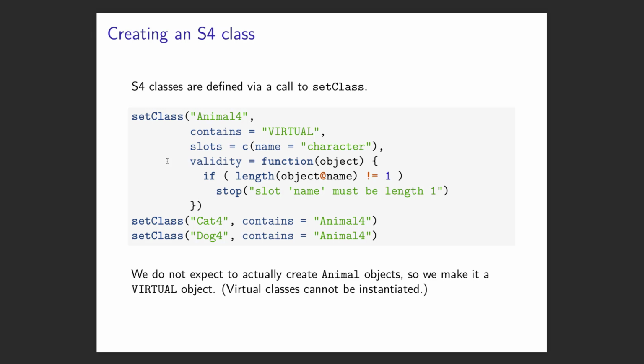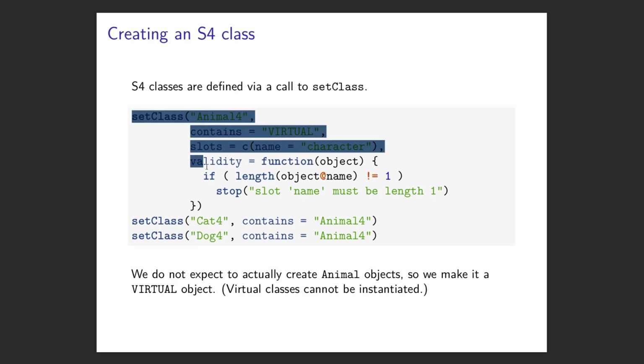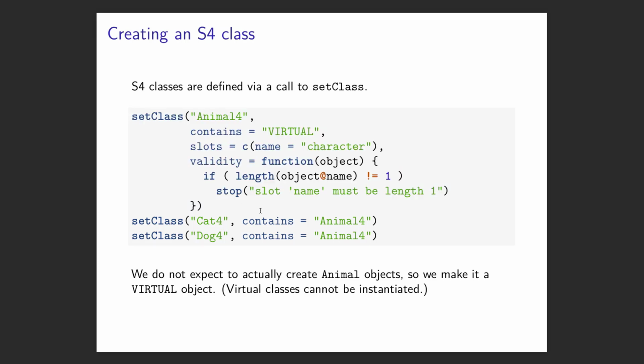So you can do things like check here, say, we just want our pets to have a length 1 character vector as its name. We don't want name to have a length greater than 1. So here we're just checking that the name slot is only length 1. That's what we're doing to create this animal4 class.